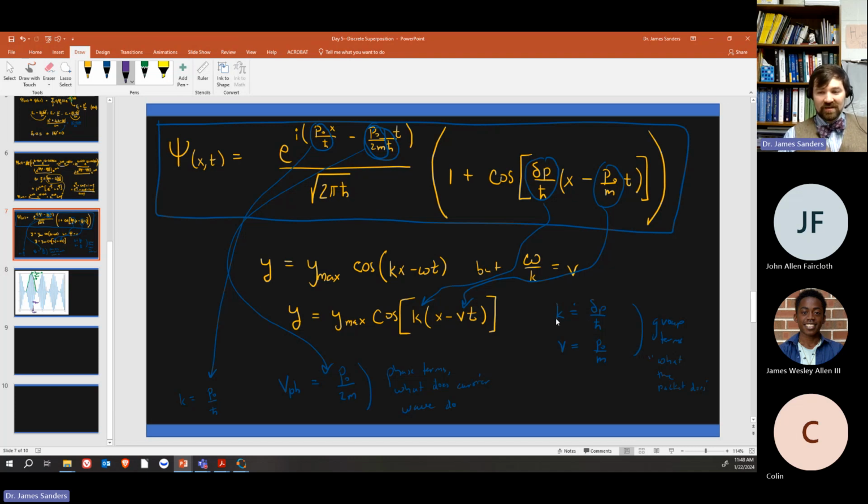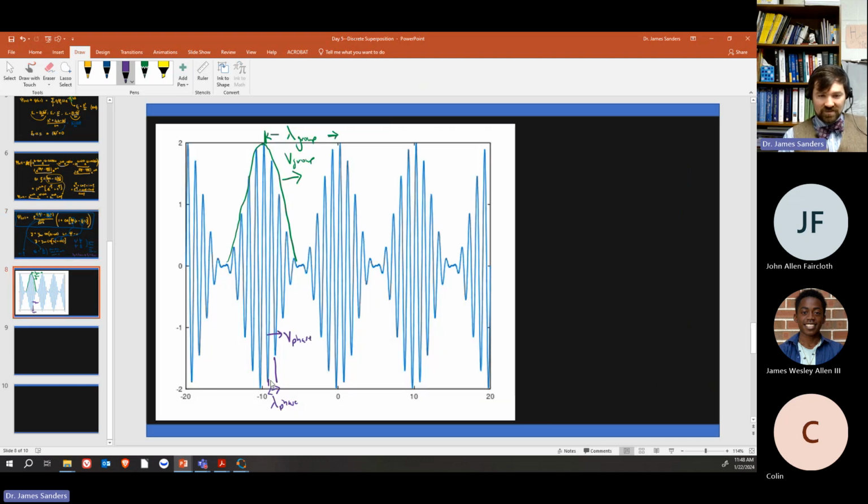So that means K group should be less than K phase. But remember that these are just 2 pi over lambda. So that means lambda group is greater than lambda phase. And so we come back over here and say, is that consistent with what our picture shows? And the answer is yes. Okay.